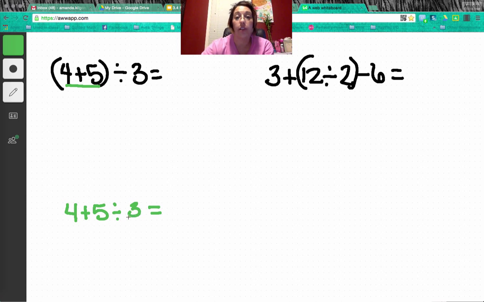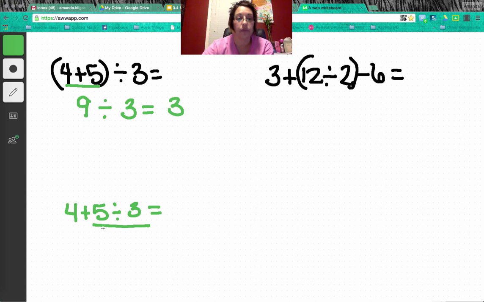And naturally with PEMDAS, we would work this step first. So let's test out these equations because they have equal sign. So 4 plus 5 is 9. Copy down the rest. 9 divided by 3 equals 3.